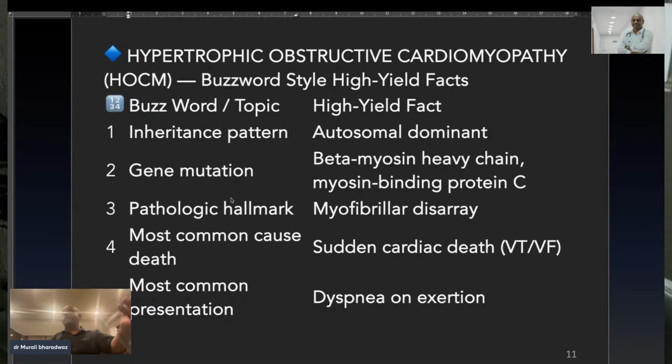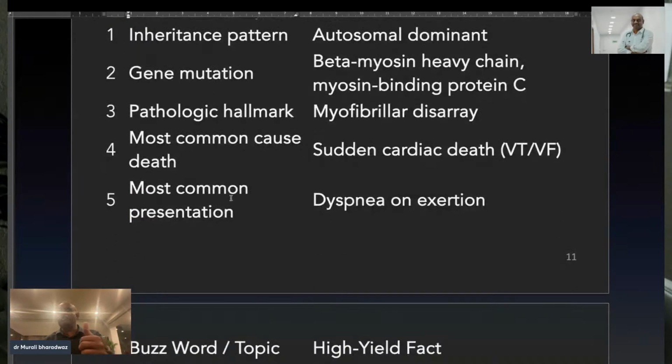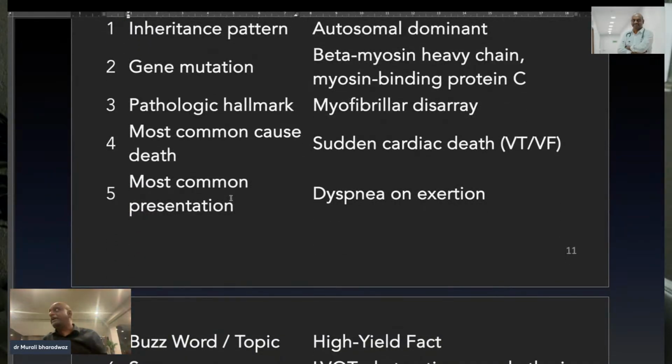It is autosomal dominant. Beta myosin heavy chain and myosin binding protein C are the ones mutated. On histopathology, there is myofibrillar disarray. And the most common cause of death is, once more, sudden cardiac death.